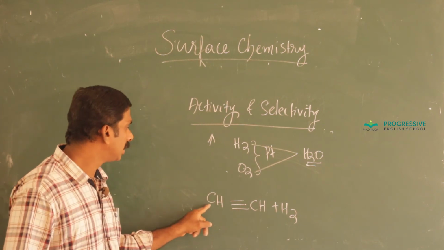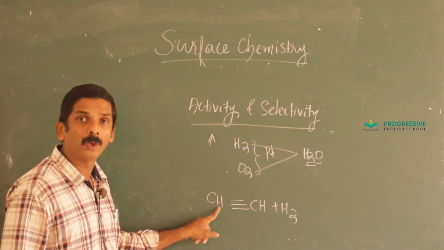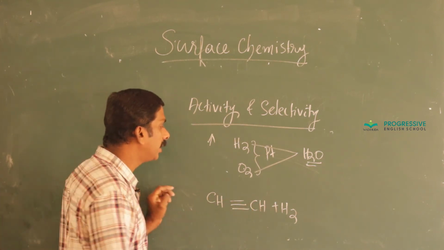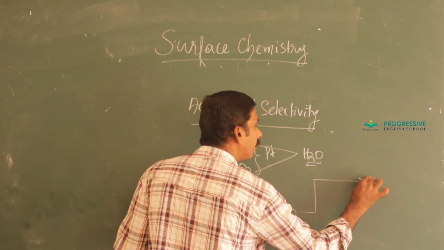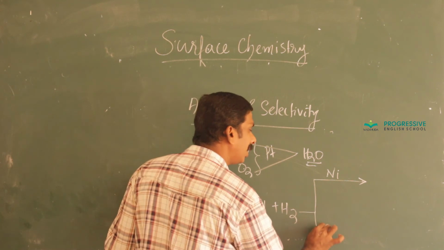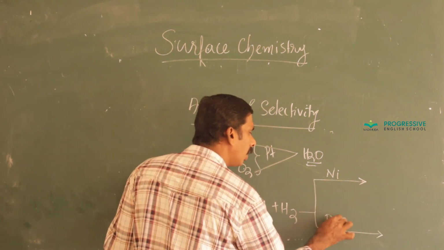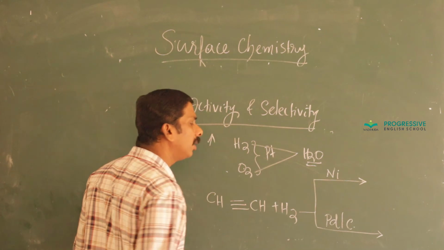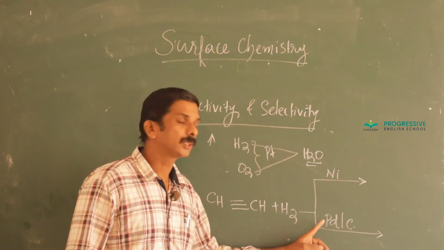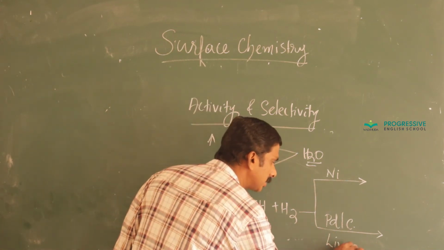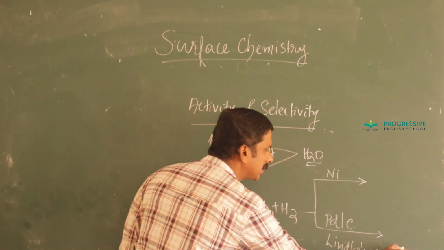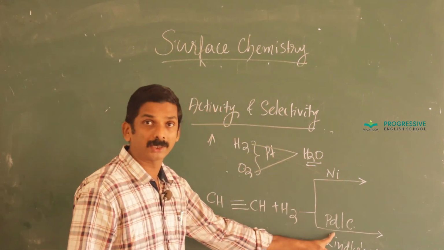Here you can see an unsaturated hydrocarbon belonging to the class of alkyne. Addition of hydrogen can take place in two different ways. If the addition of hydrogen takes place in the presence of nickel catalyst, it is called catalytic hydrogenation, or the hydrogenation can be done in the presence of palladized charcoal, which is called Lindlar's catalyst, giving partial reduction.